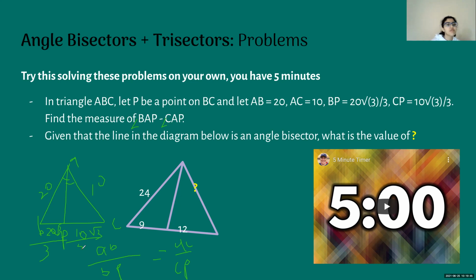If we are using the angle bisector theorem, we have established that AP is a bisector because it follows the angle bisector theorem. So what would BAP minus CAP be equal to?